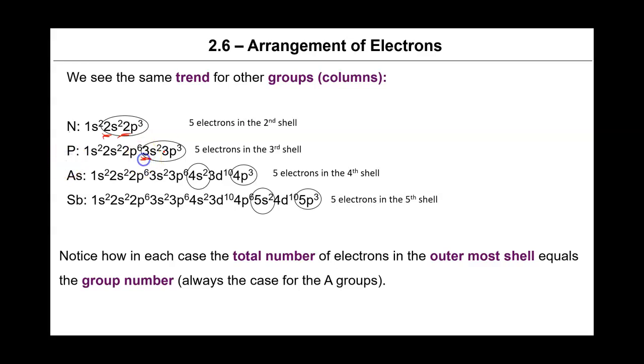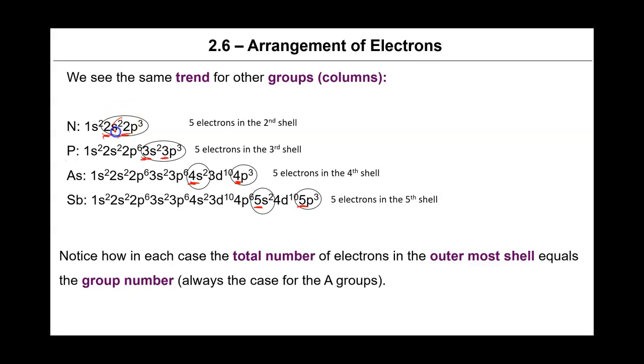Phosphorus, which is in row 3 of the periodic table, has for its highest shell, shell number 3. Arsenic, which is in row number 4 of the periodic table, has, you guessed it, 4 shells. Antimony, which is in row 5 of the periodic table, again, you guessed it, has 5 shells. Now, remember that these guys were in group 5A.